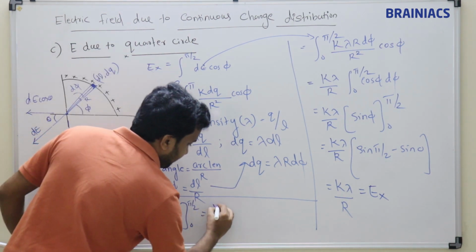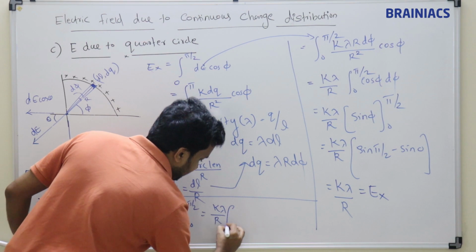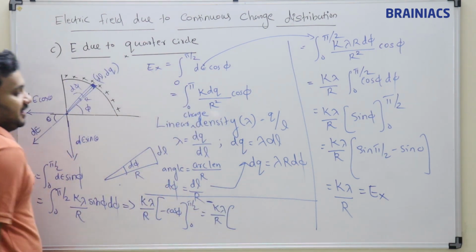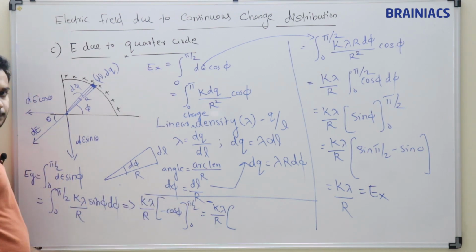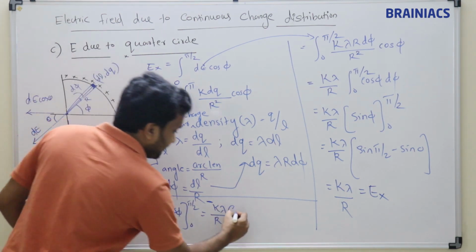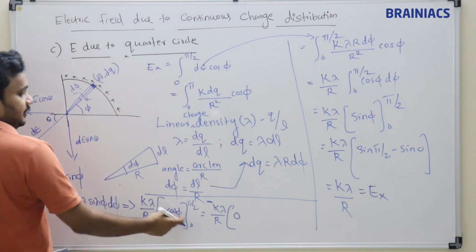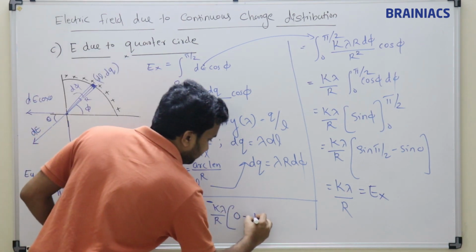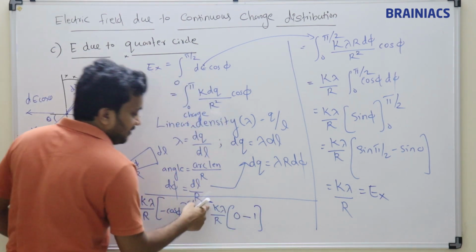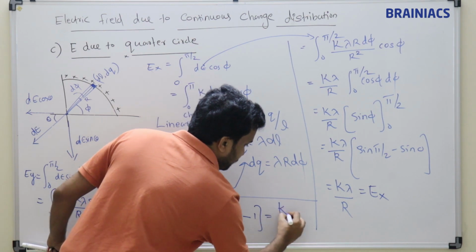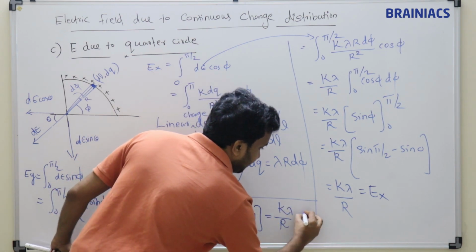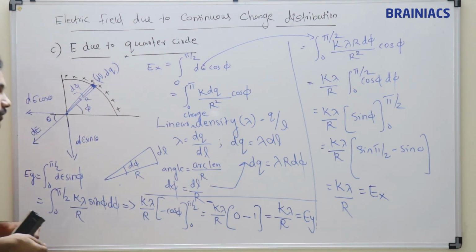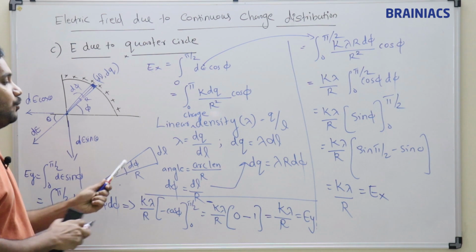So k lambda by r, same. This minus I take it out for easy understanding. Minus, what is cos pi by 2? Cos pi by 2 is 0, and minus cos 0, cos 0 means 1. So this minus 1 with this minus will become plus. So k lambda by r, this is nothing but Ey.